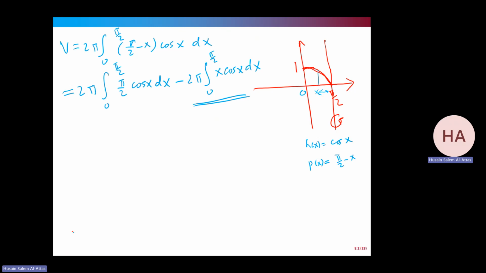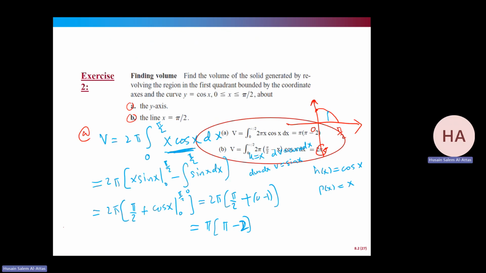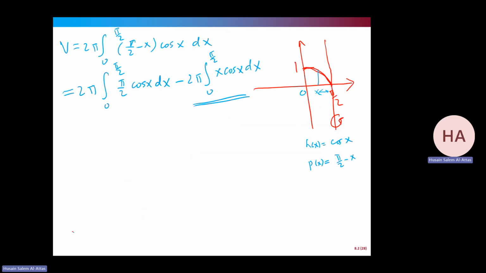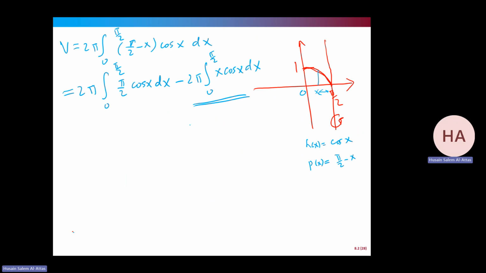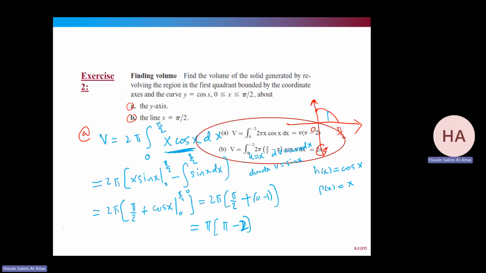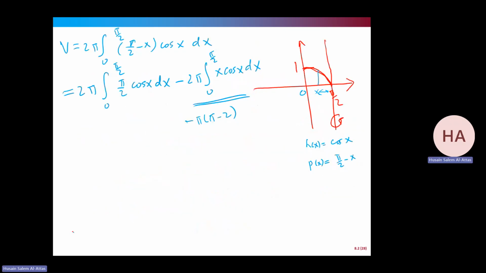That is pi times pi minus 2. So this is minus pi times pi minus 2. Let me do this one now. This one will be pi squared.